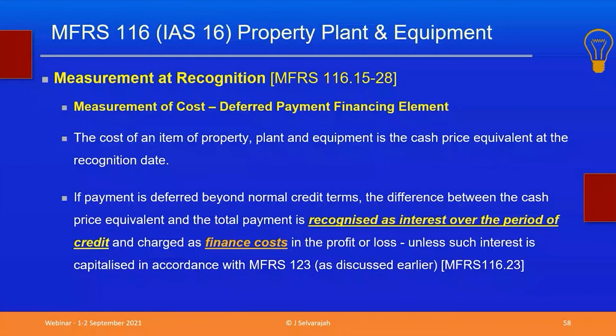If you can pay cash now within the credit period of 3 months, I will give you the machine at 850,000 ringgit. That means cheaper by 150. But the price is 1 million if you want 2 years. You pay now, I give you a cash price of 850. What is that difference? The cash price equivalent is 850 and the total payment is 1 million. So it's 150,000, right? That should be recognized as interest charged as finance cost in the profit or loss.